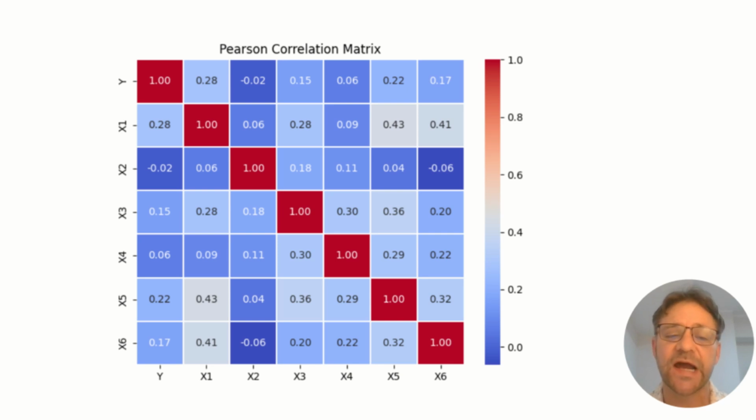So 0.43 is the highest, but it's not so high. We would probably need something closer to 0.7 or higher to make a case for not using one or the other of those features based on this test.